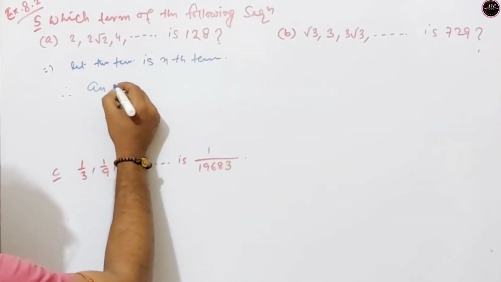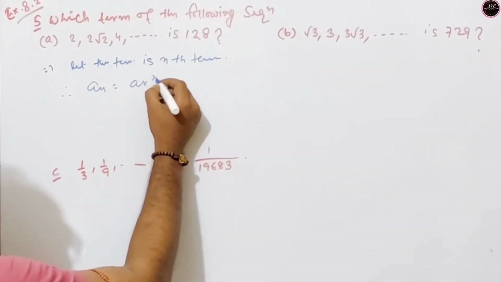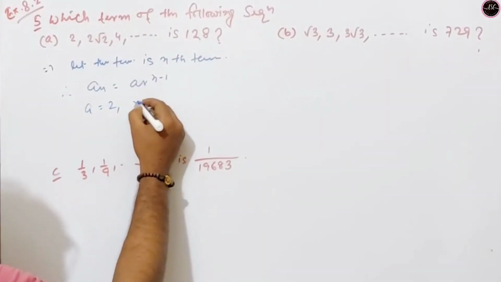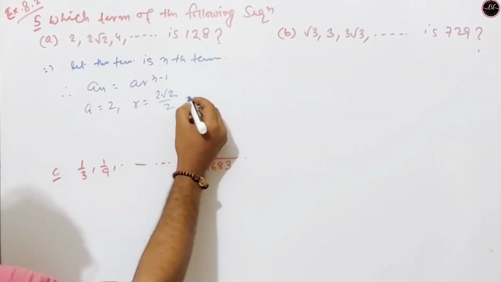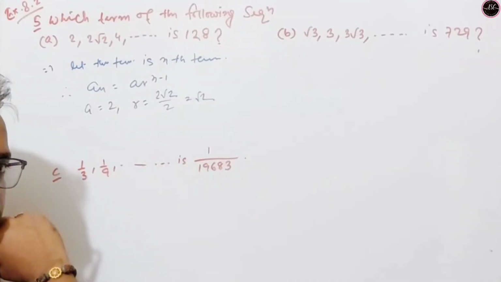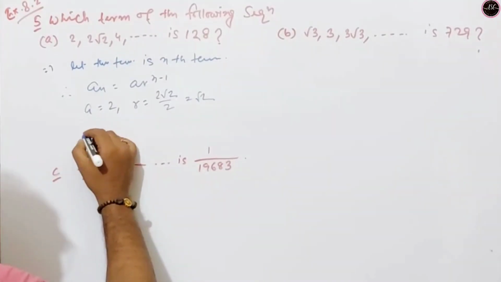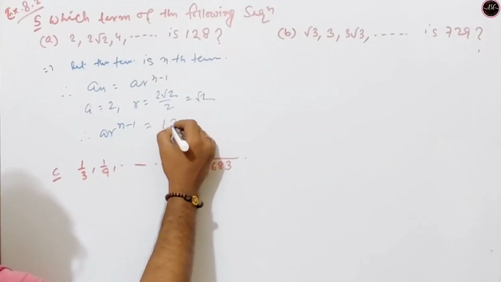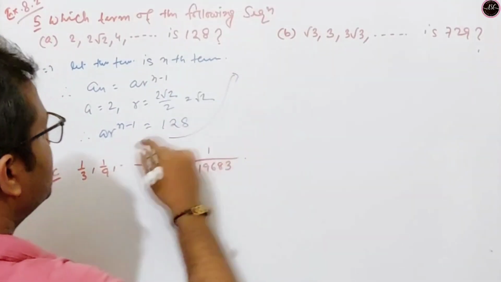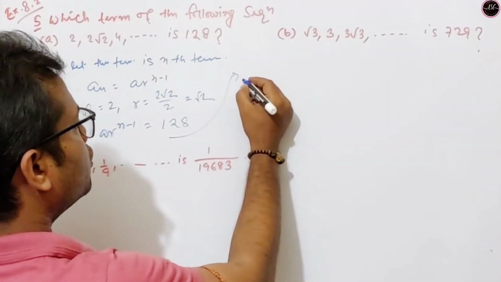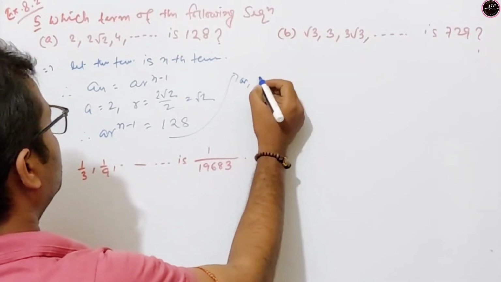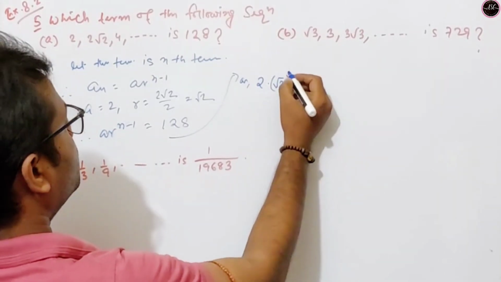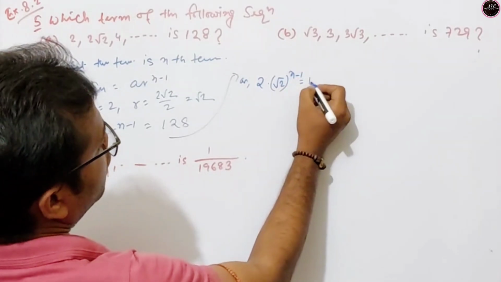Therefore an = ar^(n-1), and here just see a = 2, r = 2 root 2 divided by 2, that means root 2. So ar^(n-1) is equal to 128. Just putting here the values, a = 2, r = root 2, so 2 into (root 2)^(n-1) equal to 128.